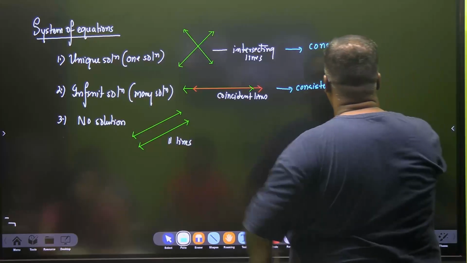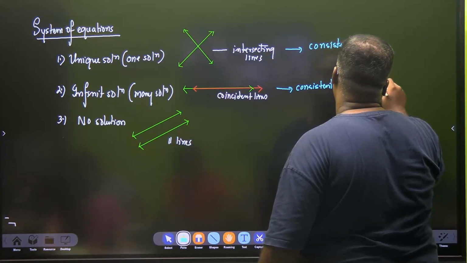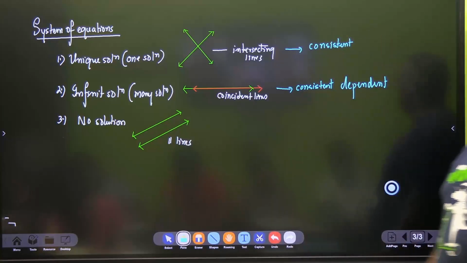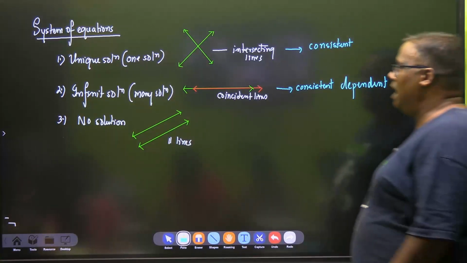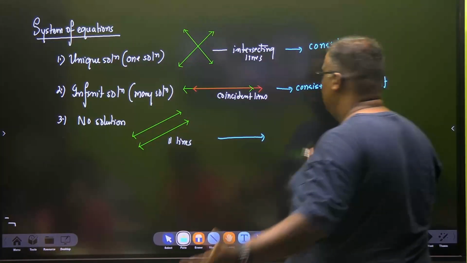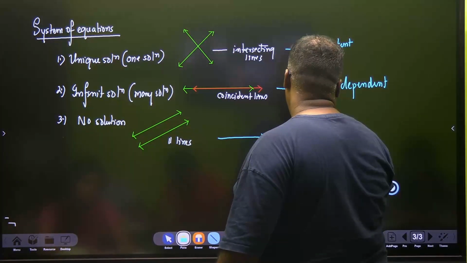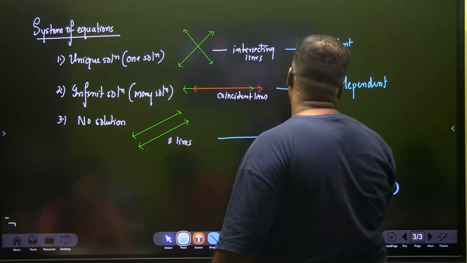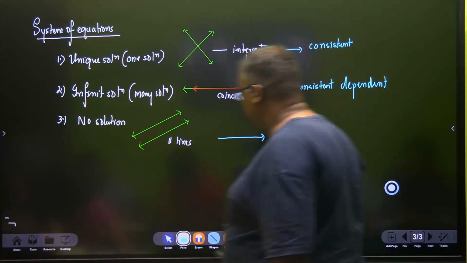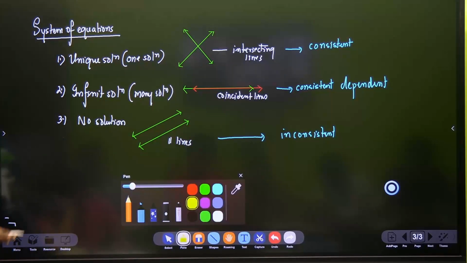So these are known as consistent dependent. Consistent dependent. And the last one is known as, this does not give you any solution, so this is known as inconsistent. Children, I want you to copy this very properly, because this is where children make most mistakes in board exams, because they forget their name.